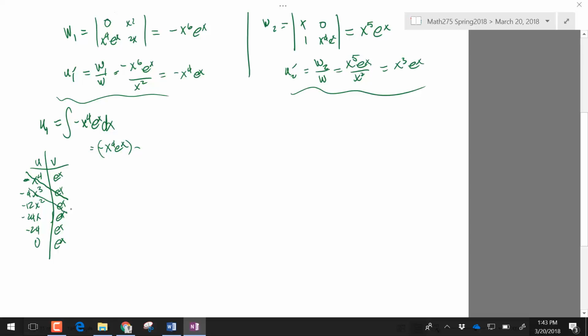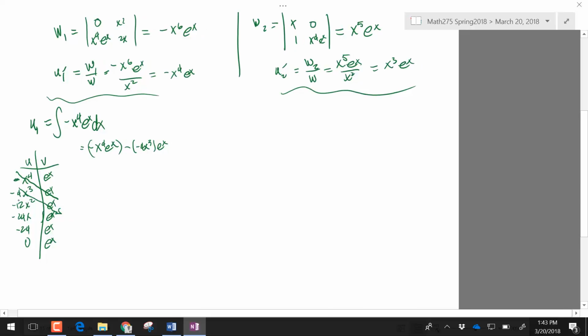And then you'll switch signs, and then switch signs again, and again, and again. And then there's nothing left, so it's 0. So this is integration by parts 1, 2, 3, 4 times.